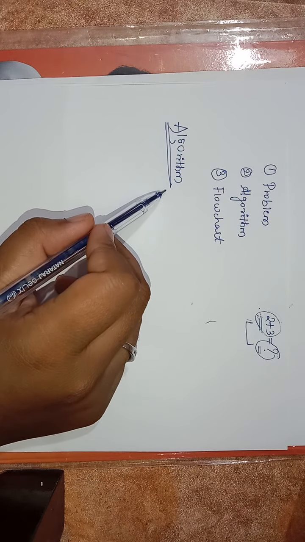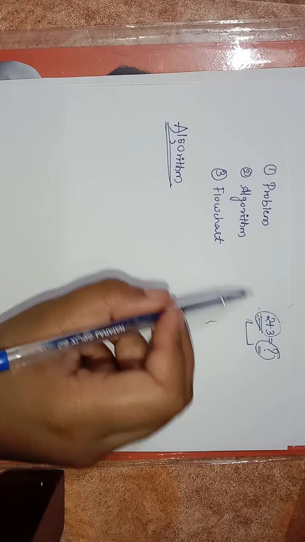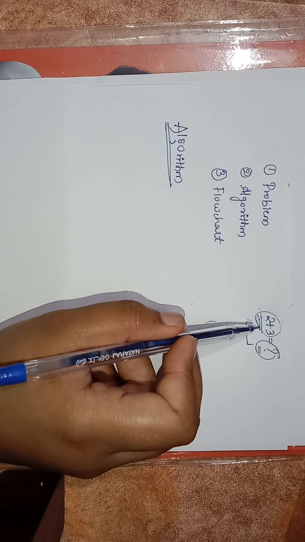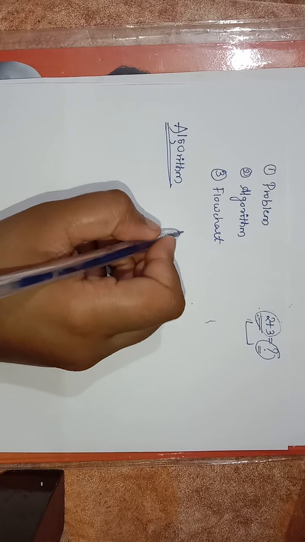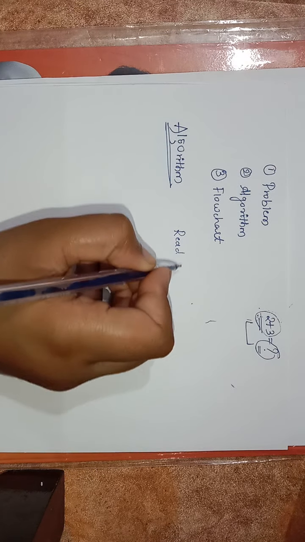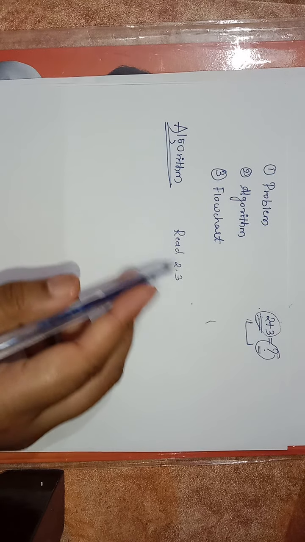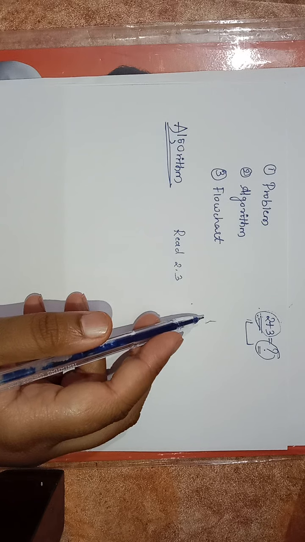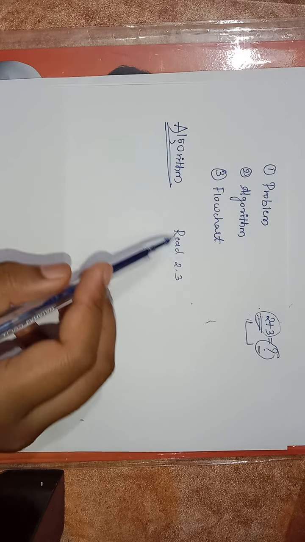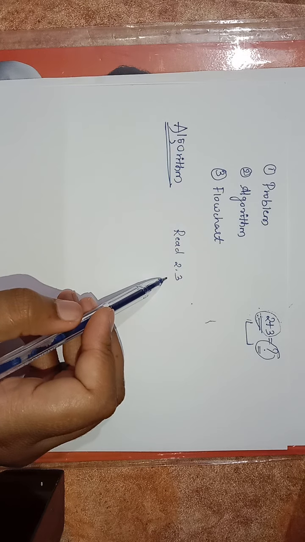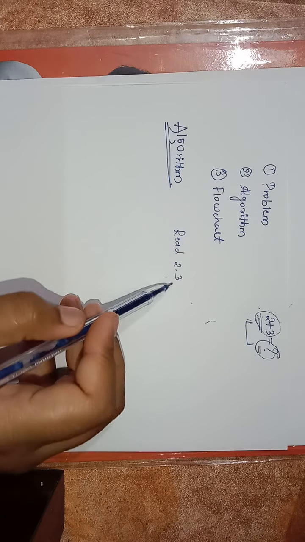Now you write it in terms of algorithm. You will write the first sentence as: read 2 and 3. You are giving the instruction to the computer. So the first line you tell the computer is read 2 and 3, in English only.